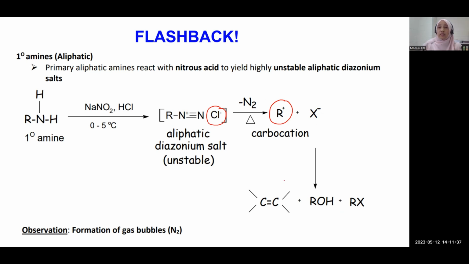So from this reaction what we can get is three compounds. First one is alkene, number 2 is alcohol, and number 3 is haloalkane. Right? So that one is the primary amines.